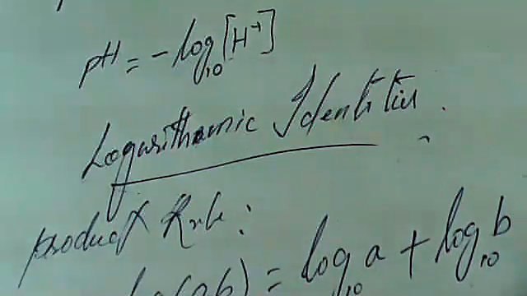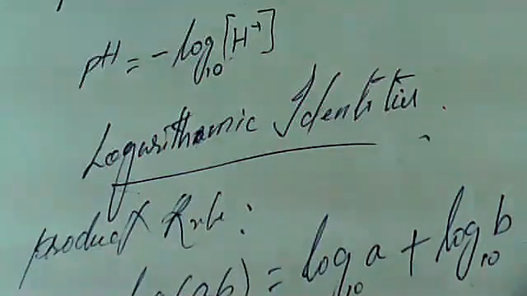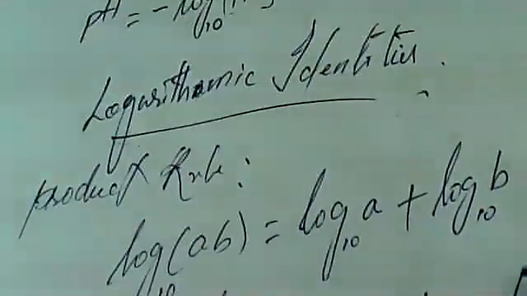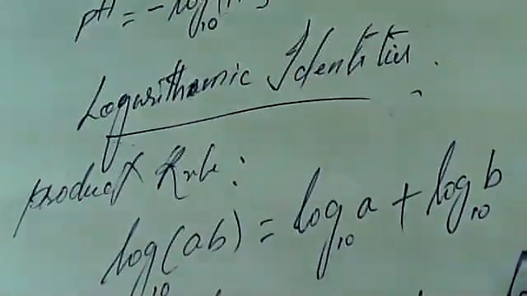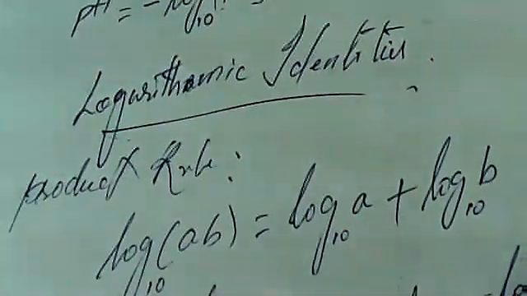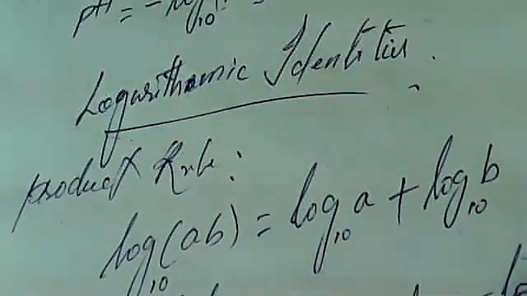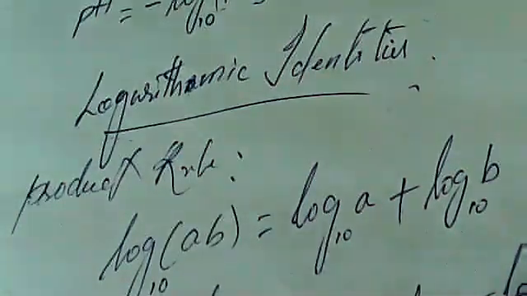Now let us see logarithmic identities. The first identity is the product rule, which is written as log of AB to base 10 equals log A to base 10 plus log B to base 10.